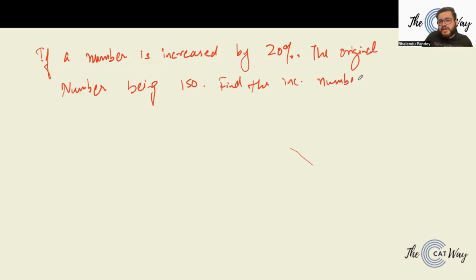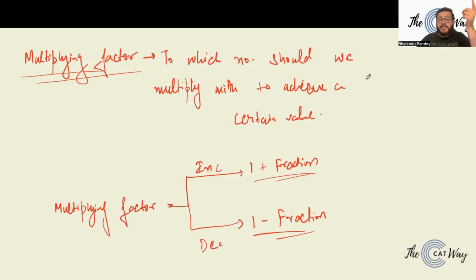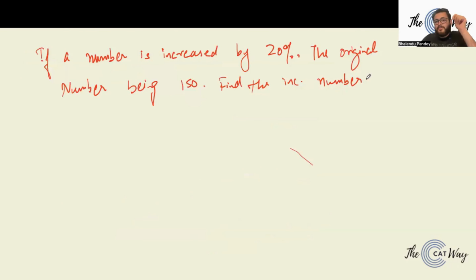So what did I say a multiplying factor is? The number by which the original number should be multiplied to achieve the final value we are looking for. Correct?